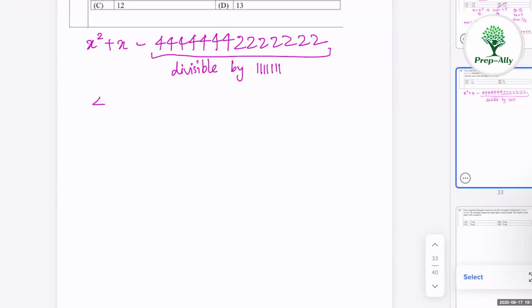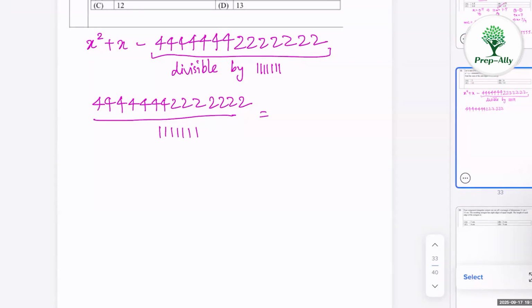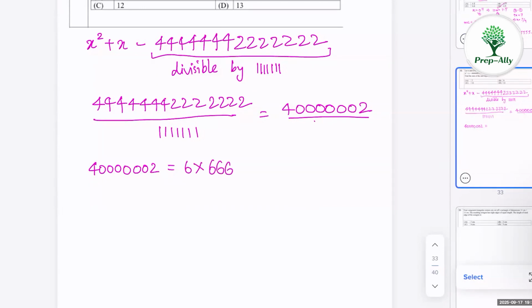So if we go ahead and divide it, we get 4000002, right? And this can be written as 6 times 6666667.